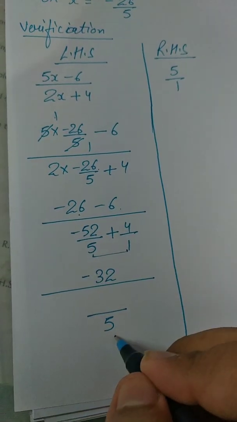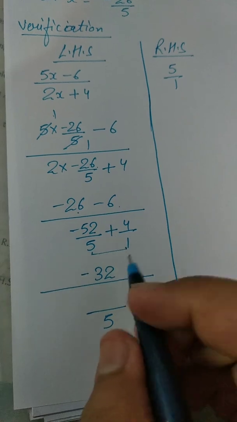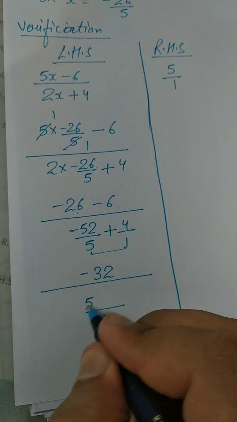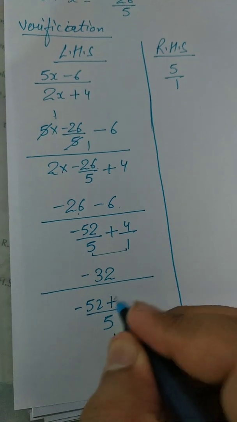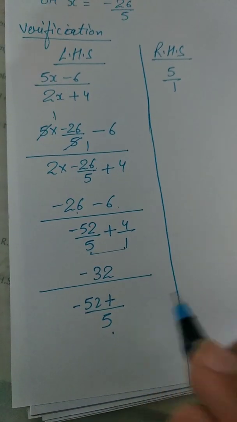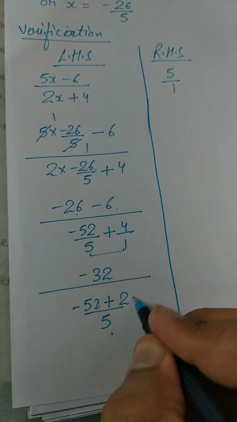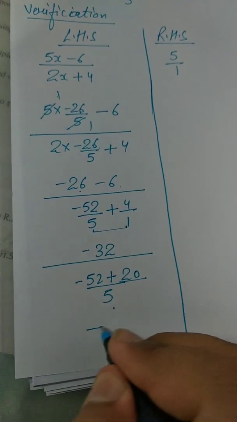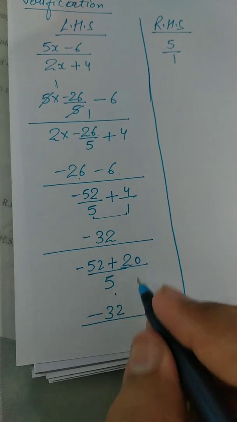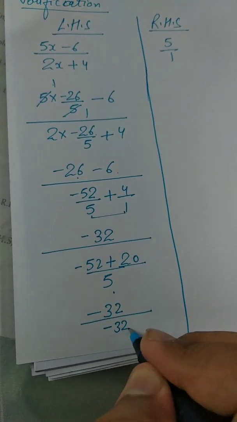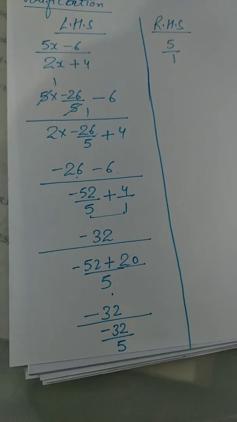5 की टेबल में 5 कब आता है 1 जा, तो 52 बन जा 52 माइनस 52 आएगा बिकॉज 52 इज हैविंग द माइनस साइन, प्लस 1 के टेबल में 5 कब आता है 5 जा, तो 4 5 जा 20, राइट. सो माइनस 32 अपॉन minus 52 plus 20 is minus 32 upon 5, right?